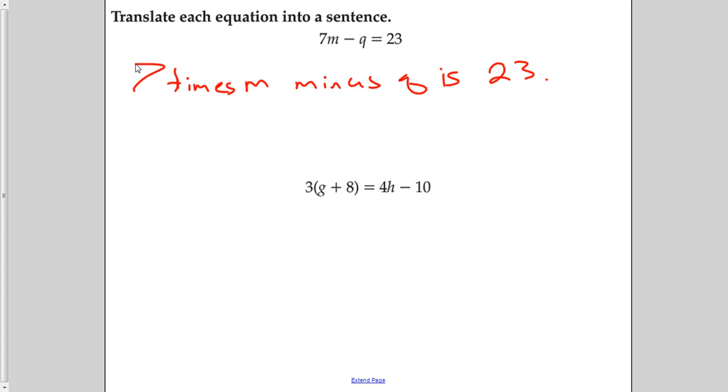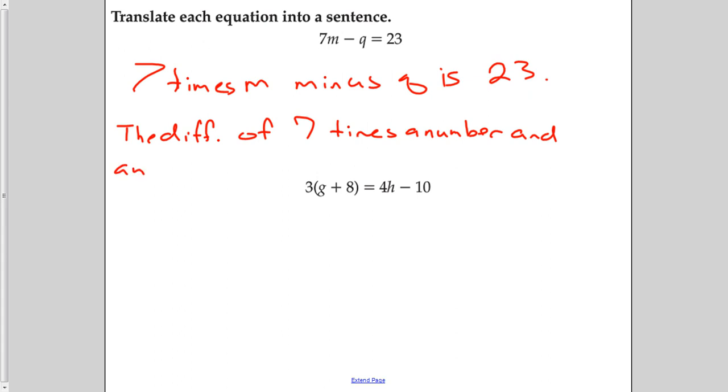I could say the difference of 7 times a number and another number is 23.